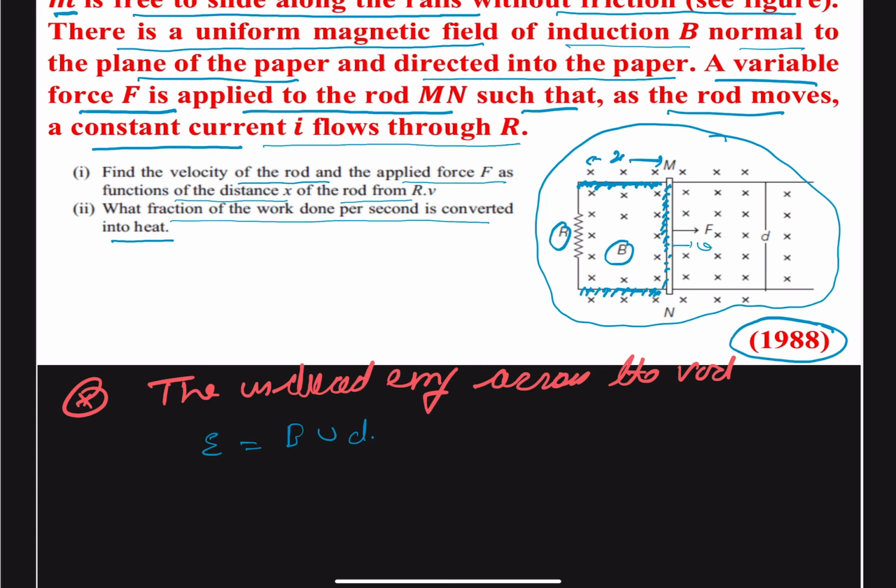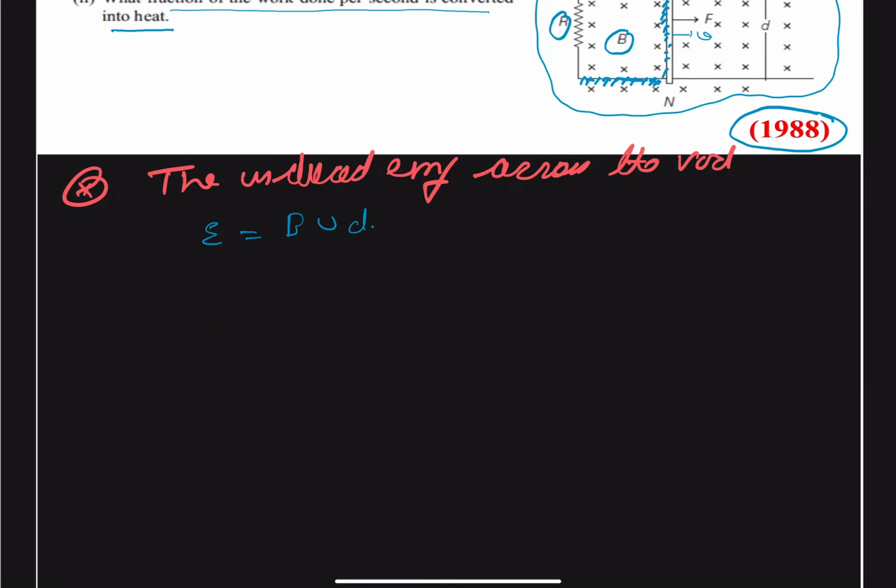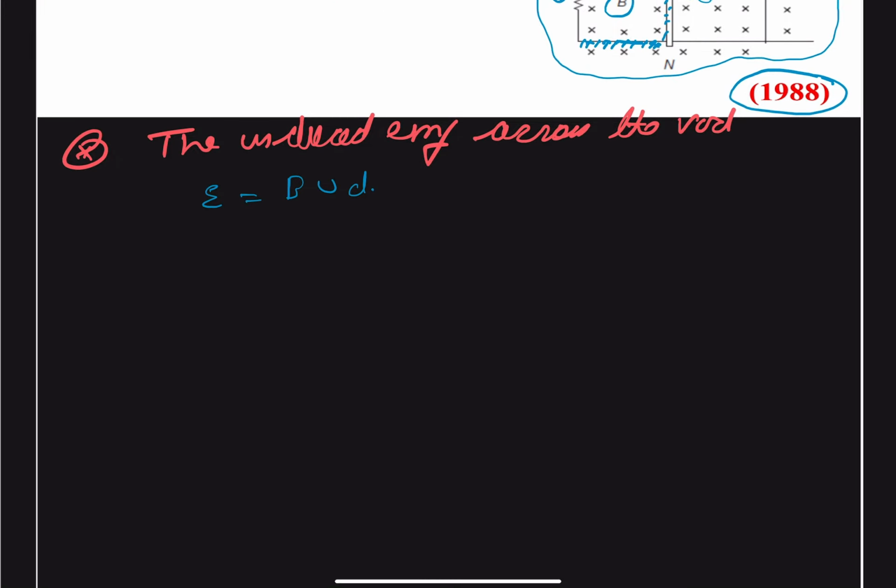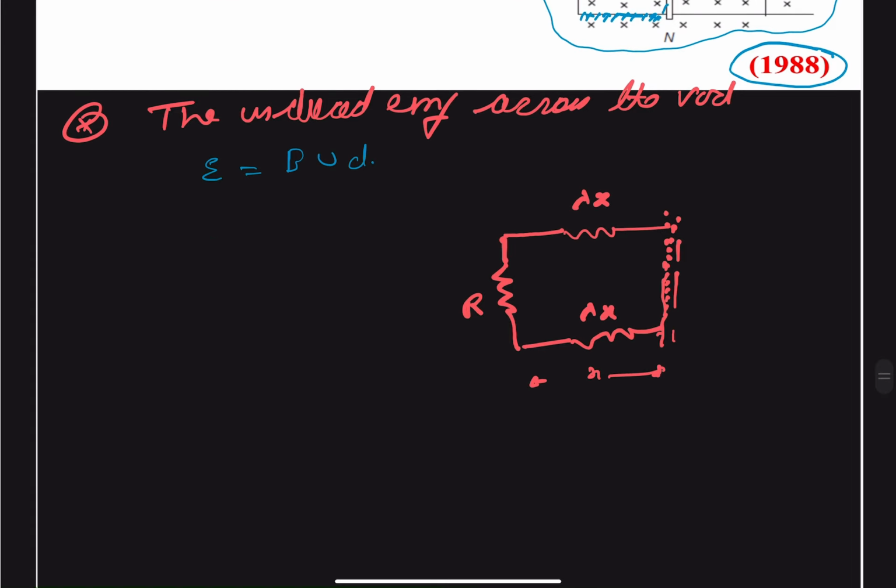So we can redraw the circuit: the upper part has resistance and the lower part also has resistance, under the condition that the rod is at a distance of x from one end. So this is lambda x, this is also lambda x, and we have the given resistance R, and this is our rod.